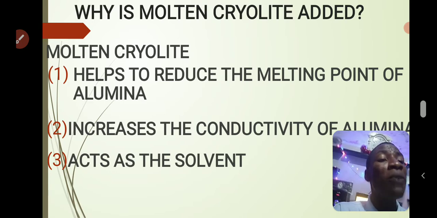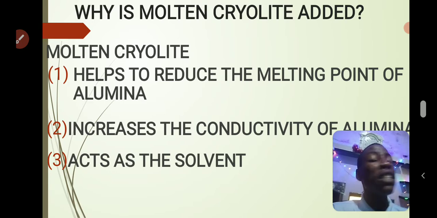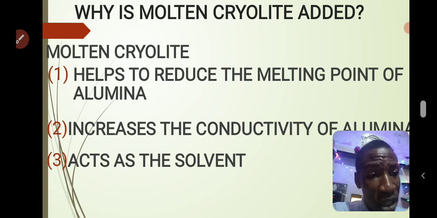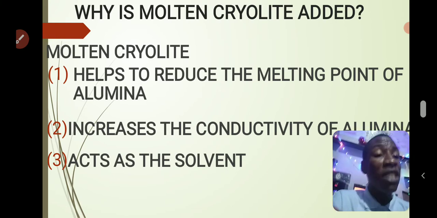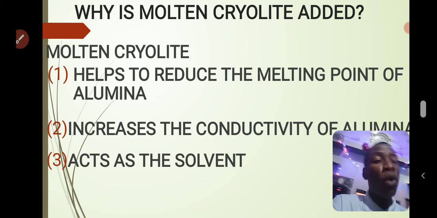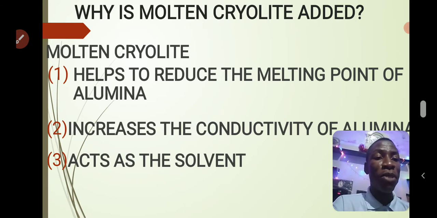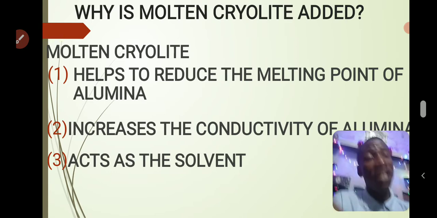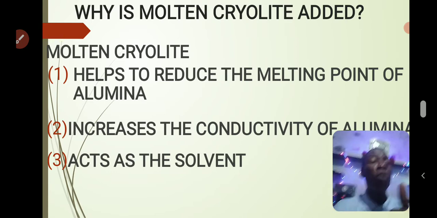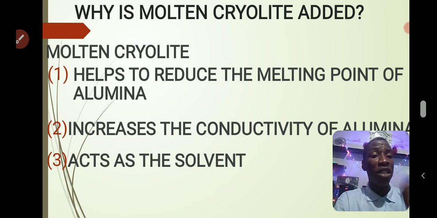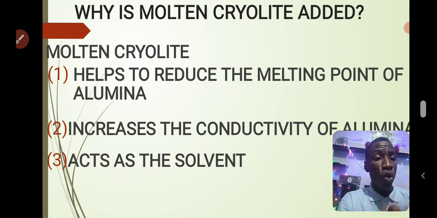But when you add molten cryolite to serve as an impurity, and you remember that impurities reduce the melting point, it is going to reduce the melting point of alumina to around 950 degrees Celsius. So that is the number one reason for using molten cryolite to dissolve alumina: to lower the melting point.